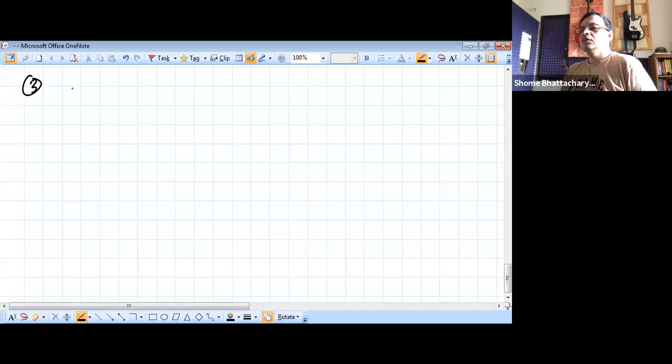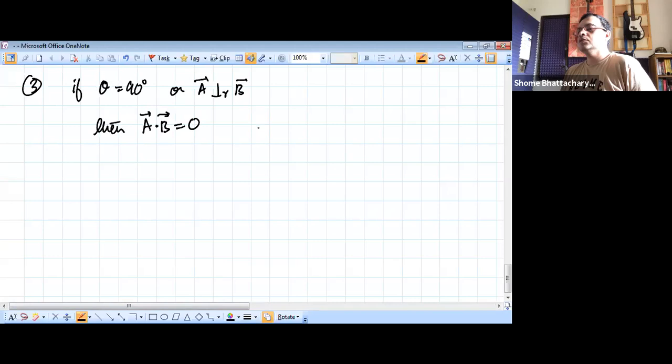Point number 3 is that if theta is 90 degrees, that is A is perpendicular to B, okay, then A dot B becomes 0, because you know by definition cos 90 degrees is 0.